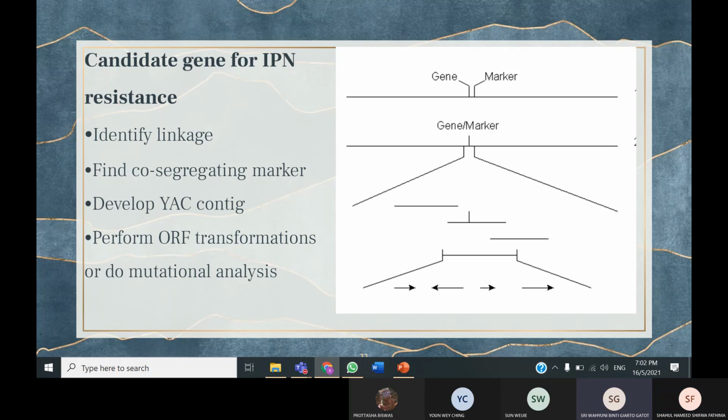This genetic transformation can be done simply like in the plant. However, for this experiment using animal, we can also use mutational analysis, which we need to compare the ORF with the DNA from the library.